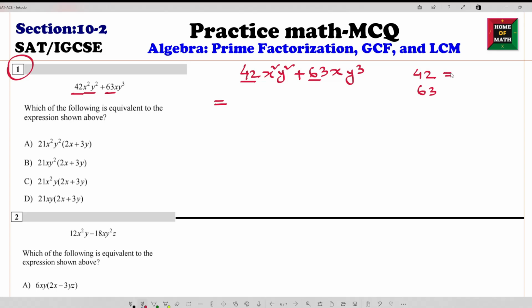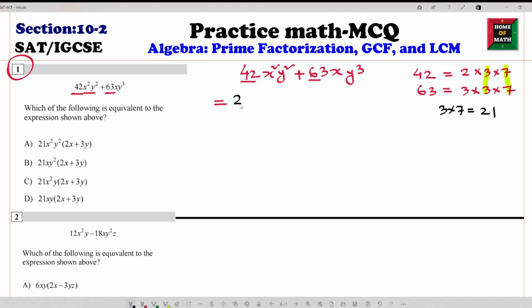If we prime factorize, 42 we can write as 2 times 3 times 7, right? And 63 we can write as 3 times 3 times 7. Now look, which is common? Here 7 is common and here 3 is common. So the common thing is 3 times 7 equals 21.